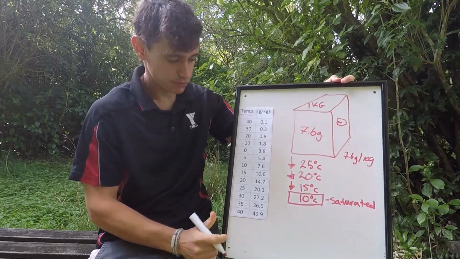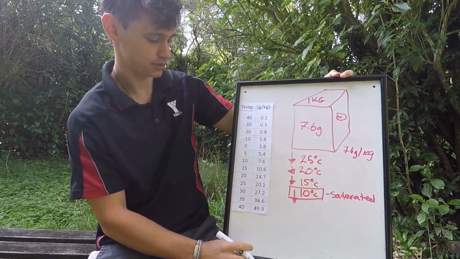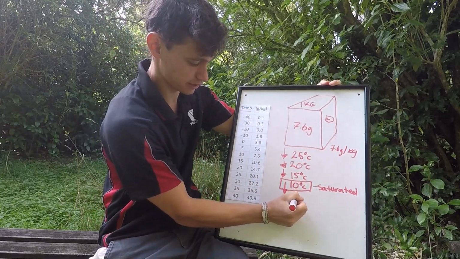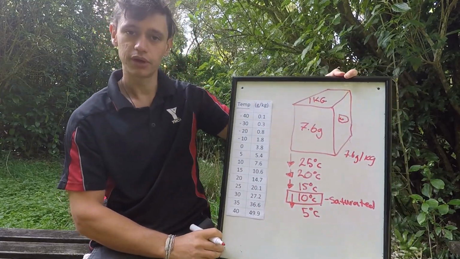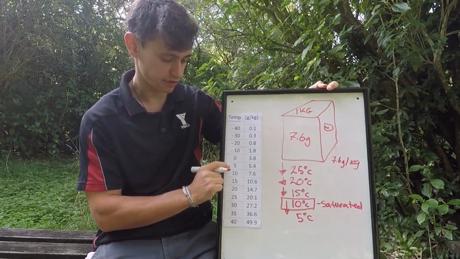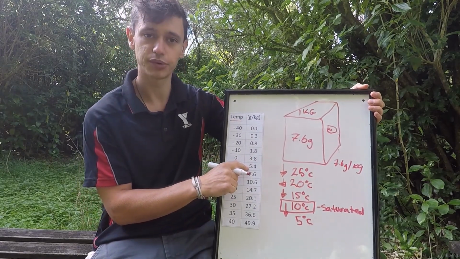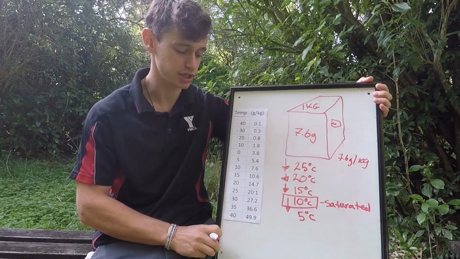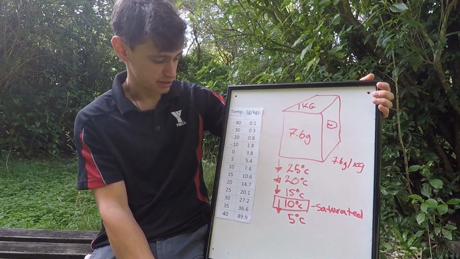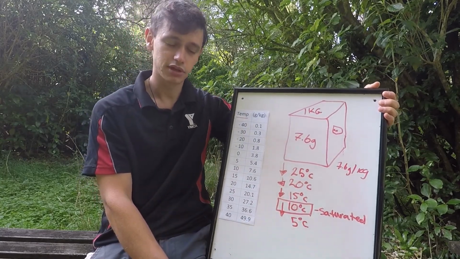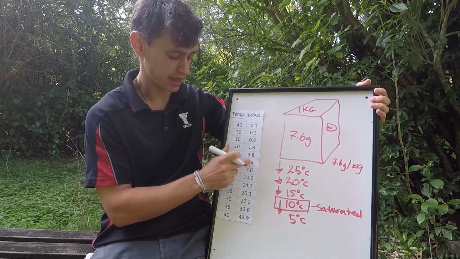But what happens now if we cool this down even further? So we are now cooling it down to 5 degrees C. We will see on this table that 5 degree air can only hold 5.4 grams per kg of water content, and we have 7.6. So there's a couple of grams of water vapor that the 5 degree air cannot hold.